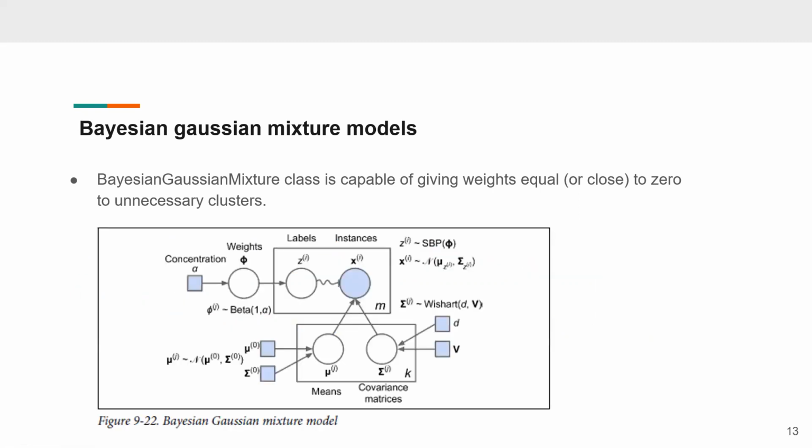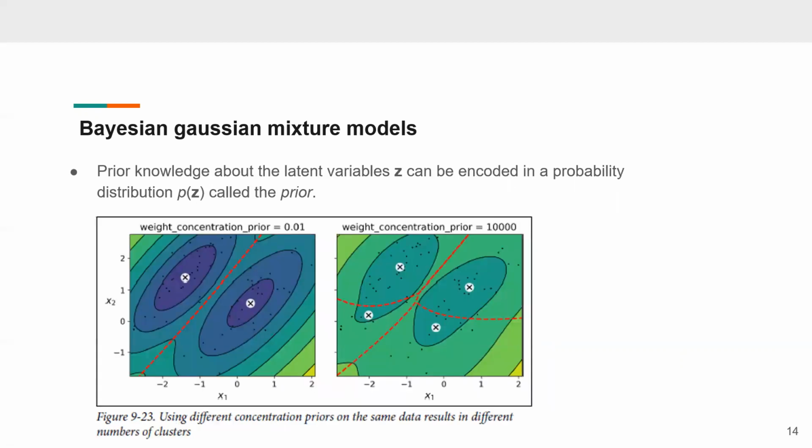And then here is a graphical view of Bayesian Gaussian mixture models. It really has some new inputs that you should take another look at. That would be the D and the V, and even something called the prior. So let's look at what the prior is. Prior knowledge about the latent variable Z can be encoded in a probability distribution p(z) that is called the prior.